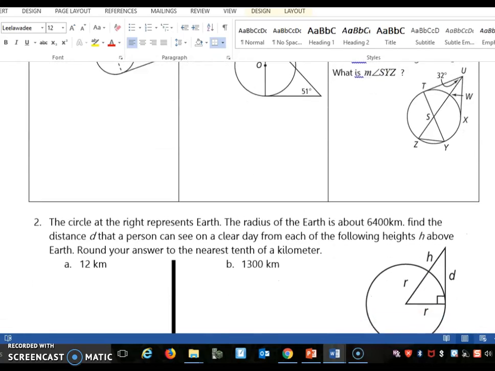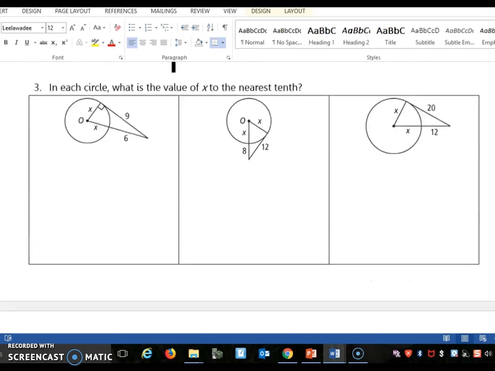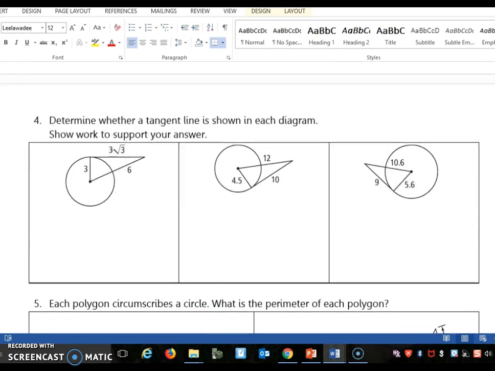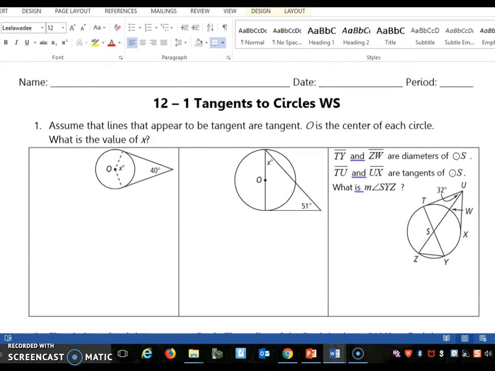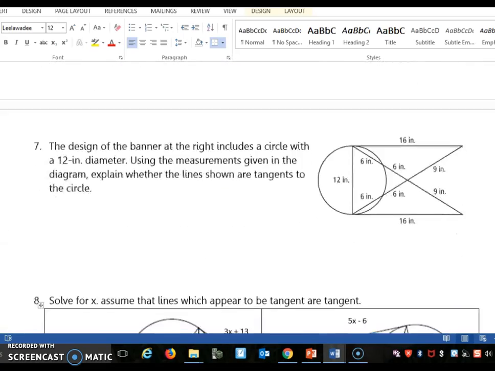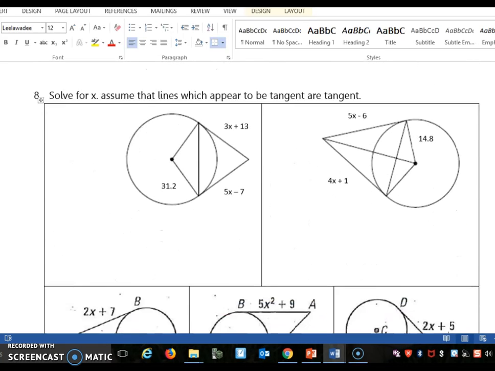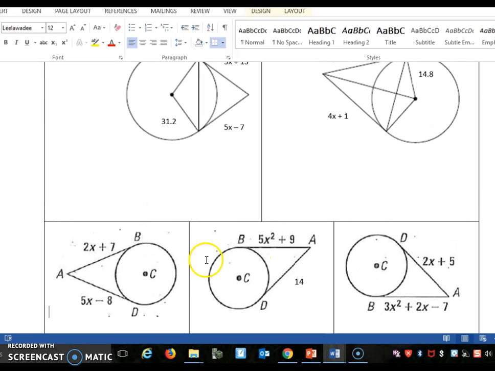Basically you're skipping number 2, skipping number 4, skipping number 7, and skipping this one question from number 1, but you're doing these 2. And you are skipping this question from number 8, but you're doing these 4.